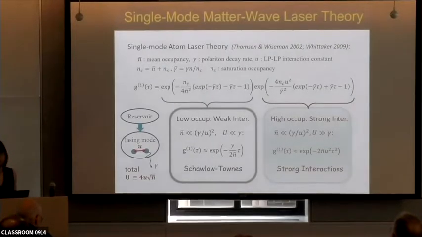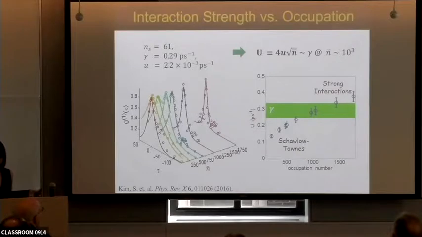But at the high occupation limit, where the total interaction in the lasing mode becomes strong compared to the outcoupling dissipation, this term actually dominates, and we obtain this Gaussian broadening of the line width. That also gives us a way to fit our spectrum and extract those dynamic parameters of the system: the saturation parameter, the decay, as well as the interaction strength.